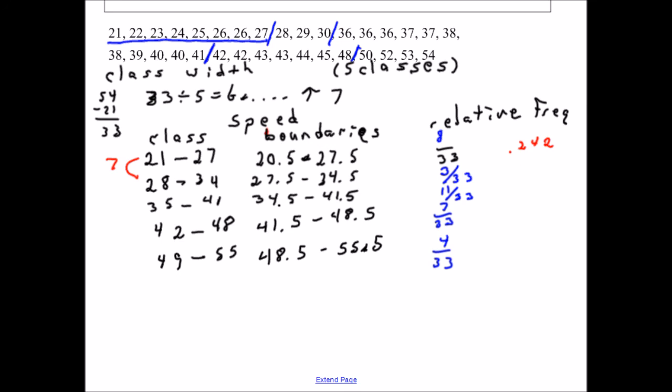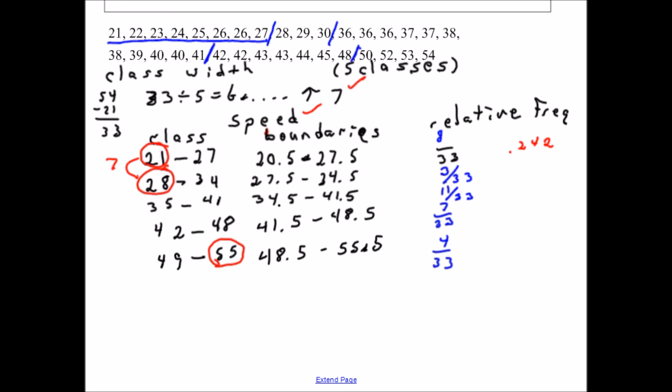As I'm grading this, one thing I look at, do you have a title? Did you calculate the class width? I look at making sure you've got the first correct number. You use the smallest. I looked at this next value, make sure that you are in fact using your class width correctly. I look and make sure that this last value is in fact stopped at the right spot.